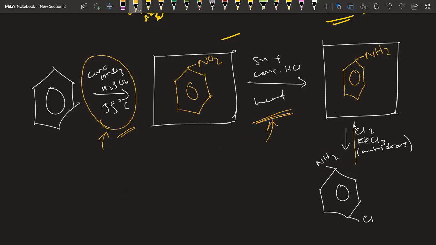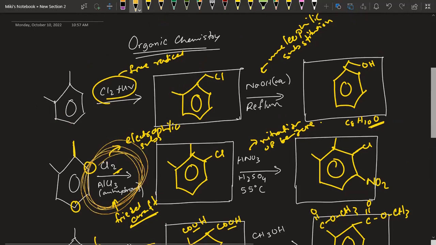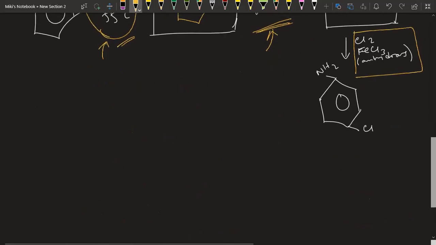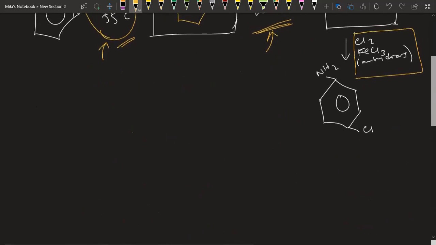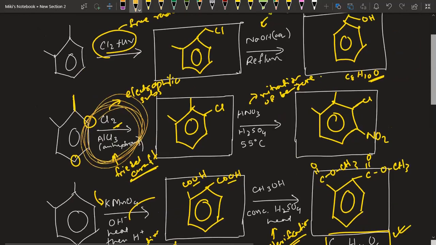Now see one thing about this condition: after adding this, we get chlorine. But in the previous example and in this example, we have one thing in common, which is our chlorine part. The chlorine which was given there and the chlorine which we have been given here are the same, isn't it? Chlorines are the same, but let's see the conditions. Here we have FeCl3 anhydrous, and over there we have AlCl3 anhydrous. See the difference?